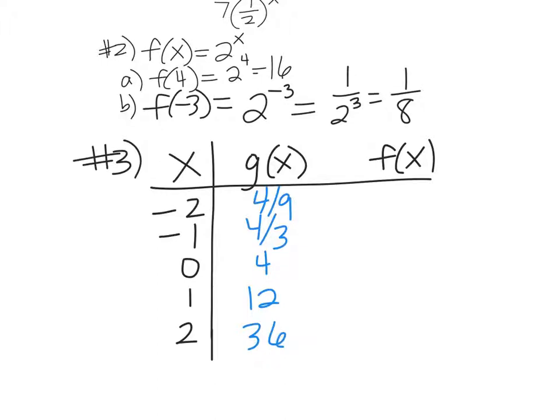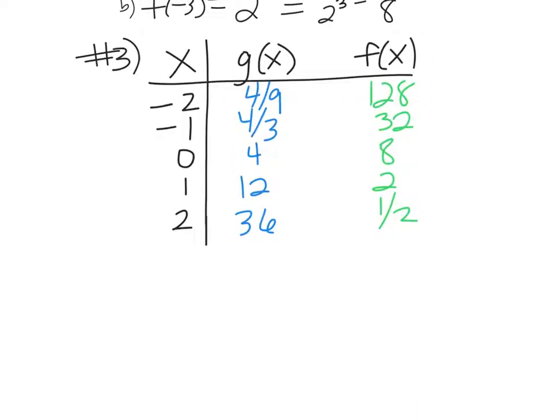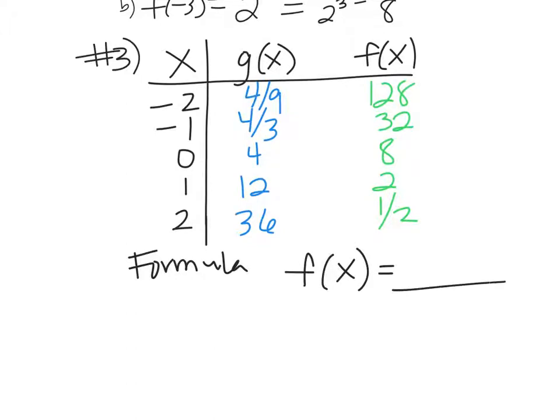And then f of x: at -2 we get 128, and then 32, 8, 2, and 1/2. These are separate functions, we're not going to combine them together. But what they want us to do is find a formula for f of x and g of x.